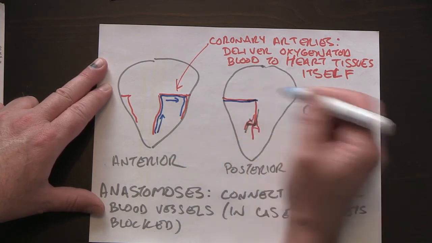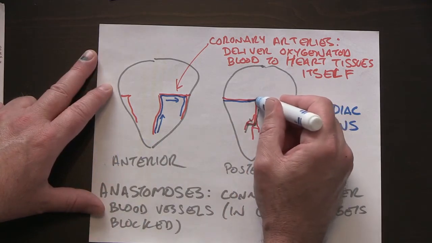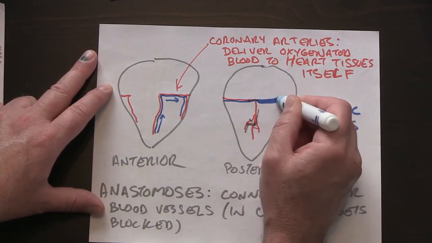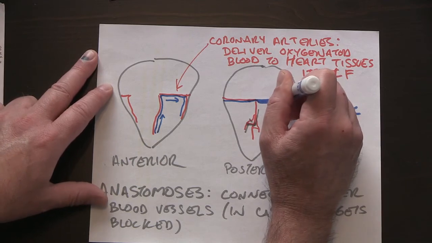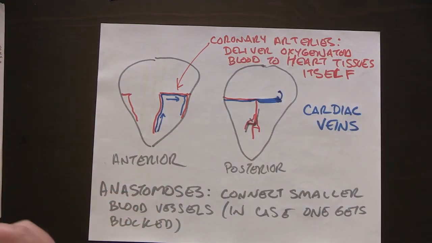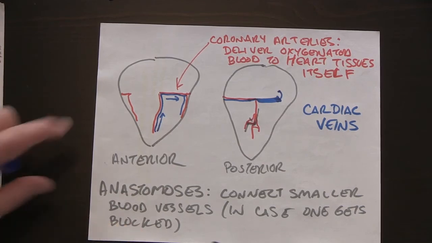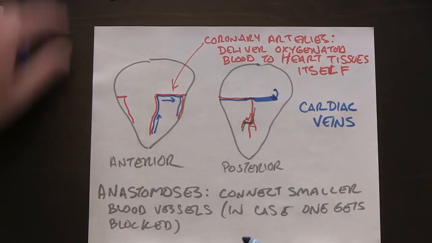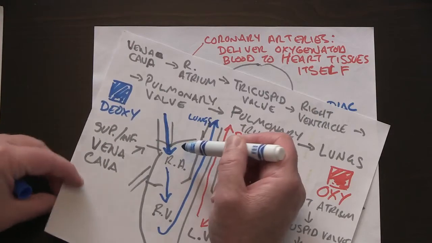There is one that comes around the posterior side here that ends up taking a kind of sharp turn. If you could go inside the heart, it's delivering the deoxygenated blood from the heart back into the right atrium.